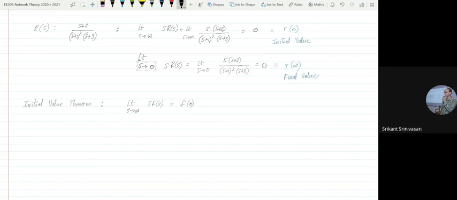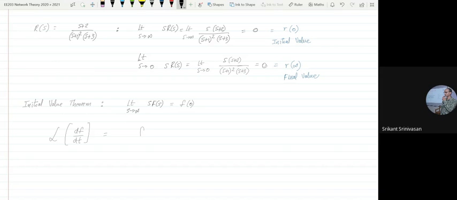Now, if I want to take this limit as s tends to infinity s F(s), then you know that normally when we look at this s F(s), where does this term come from? It comes when you take a derivative, right? When I'm taking the Laplace transform of a derivative. Supposing I'm taking the Laplace transform of df by dt.